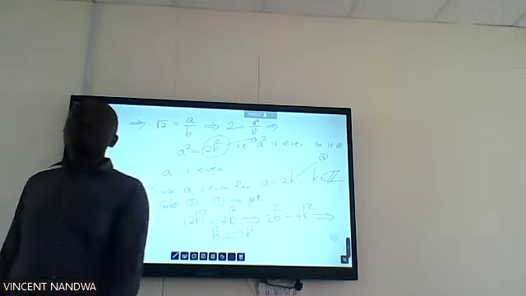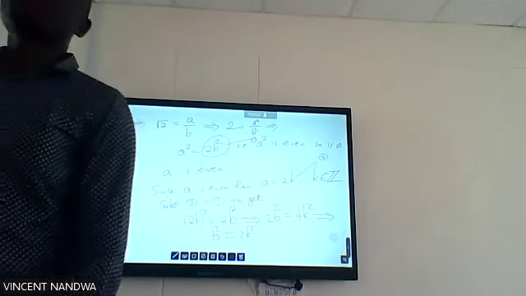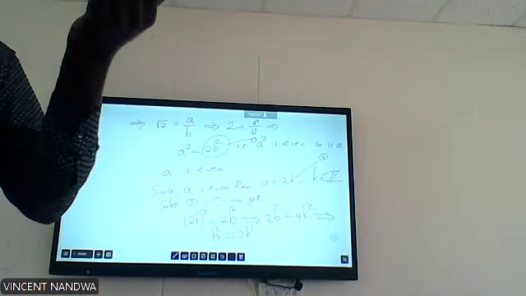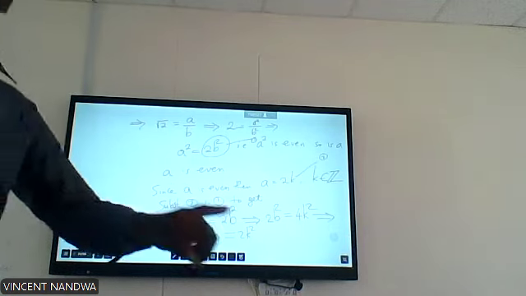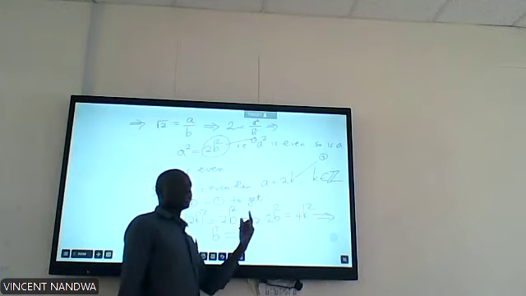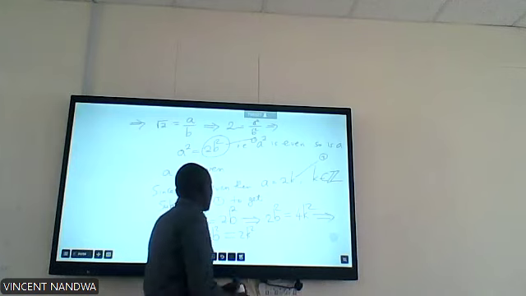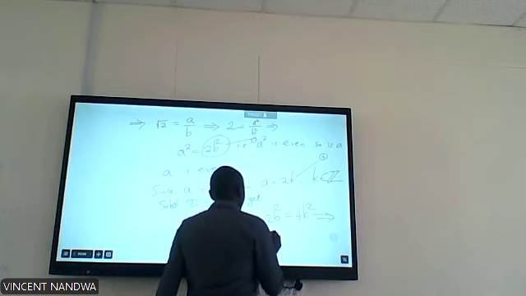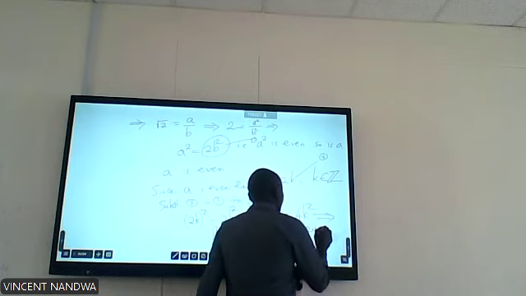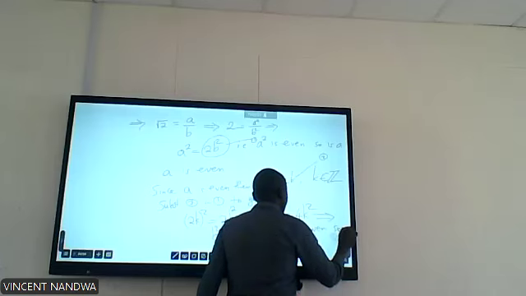What does it tell you about this? It is even, because b squared is written as 2 times another integer. Remember, k squared is just another integer. So b squared is even, so is b.